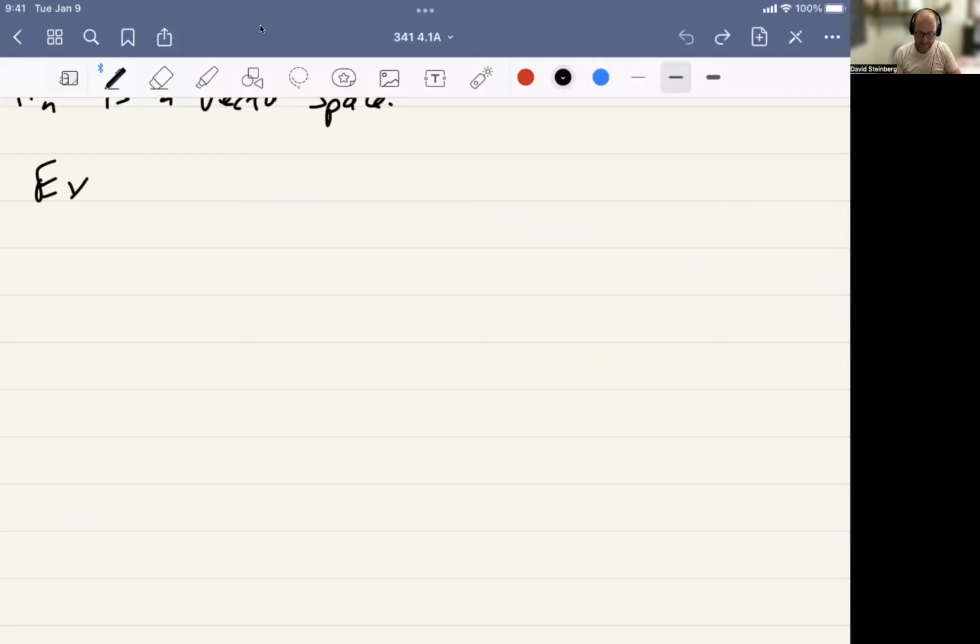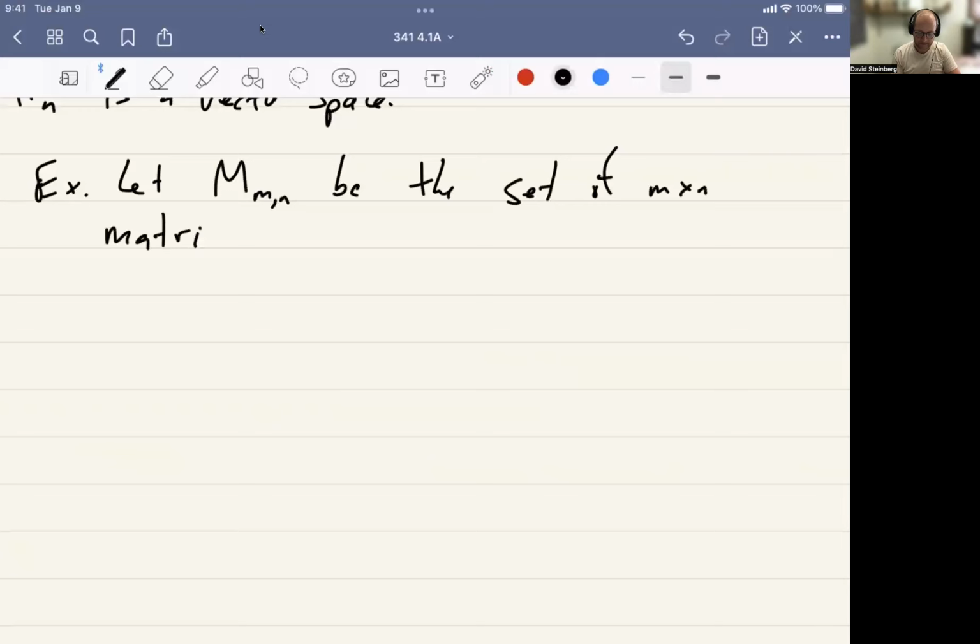Let's do one where we let M sub m,n be the set of m by n matrices, with the usual addition and multiplication by real numbers.